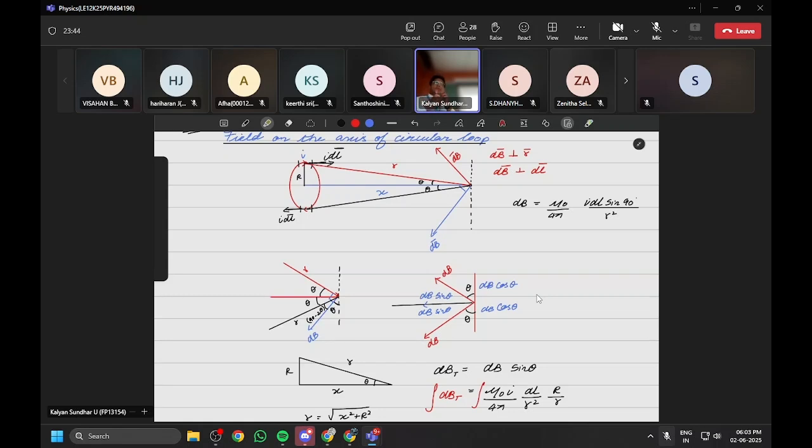Thumb shows the direction of current, curling of fingers shows the direction of magnetic field.